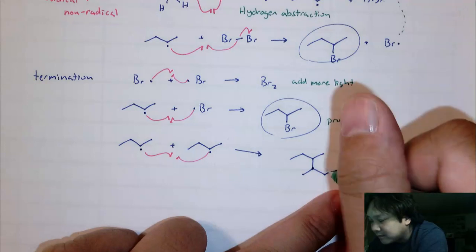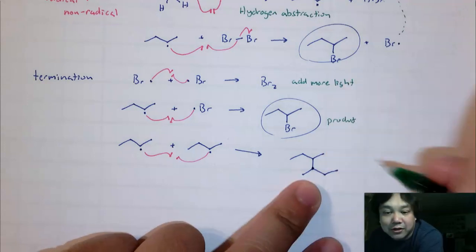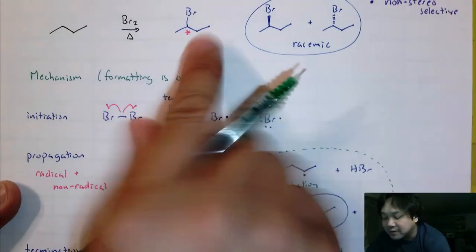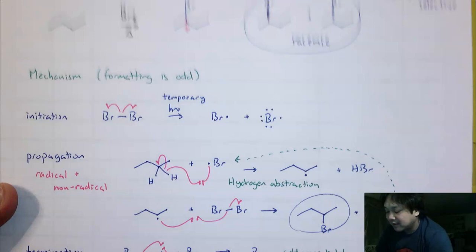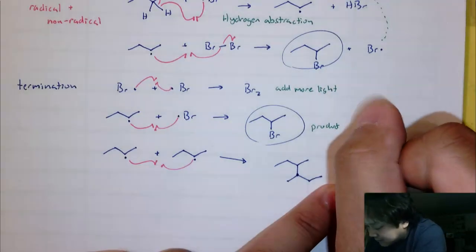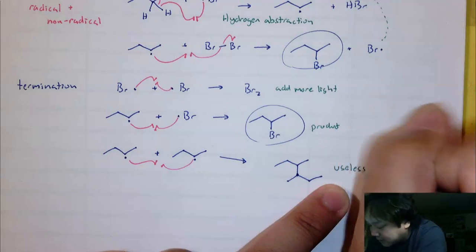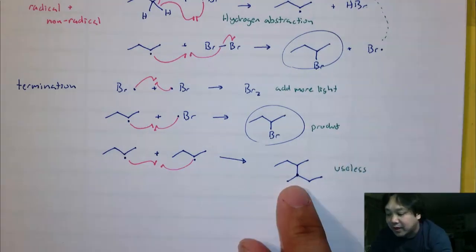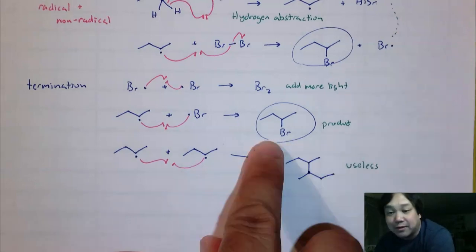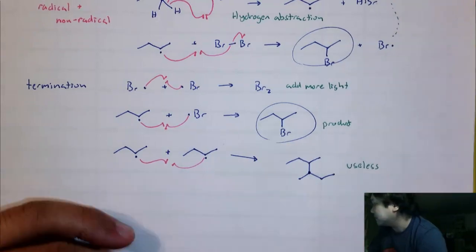There's nothing much we could do with this except more halogenation, which, if we're trying to have a controlled reaction, most likely what you're trying to make is this. Okay. So this is essentially useless. We can't break it up. We can't reuse it. It doesn't get us anywhere close to the actual product that we want.